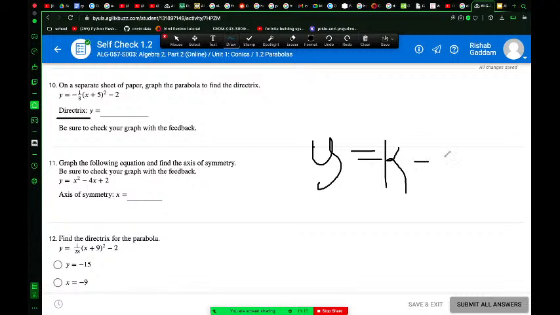Okay, k. I was forgetting what variable I have to put that y is equal to first. Should it be k or something like that? Okay, a. I have to put a.